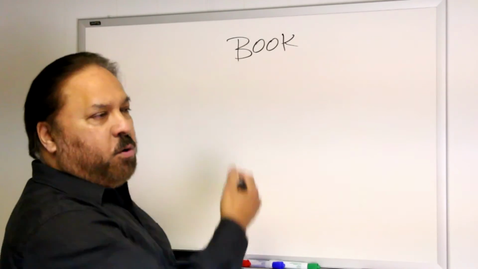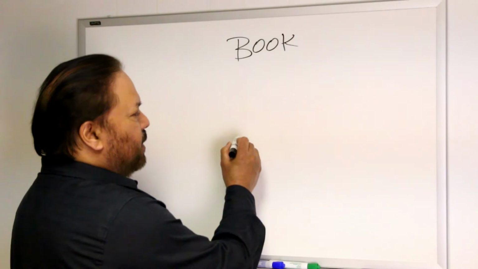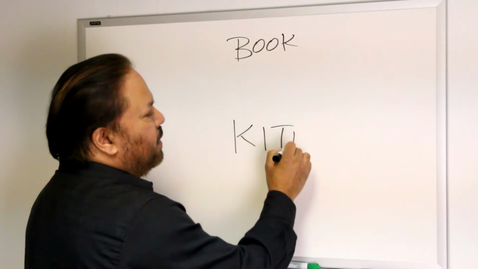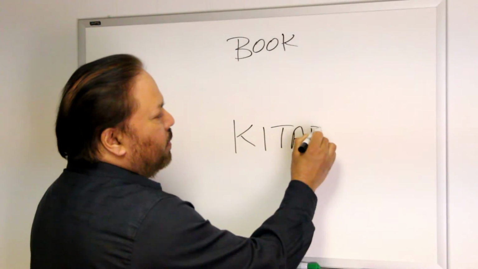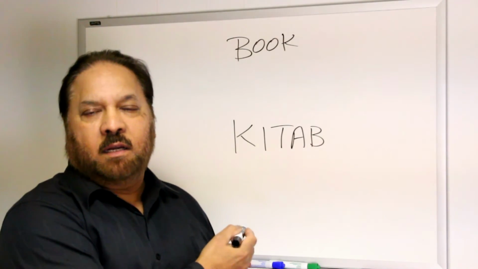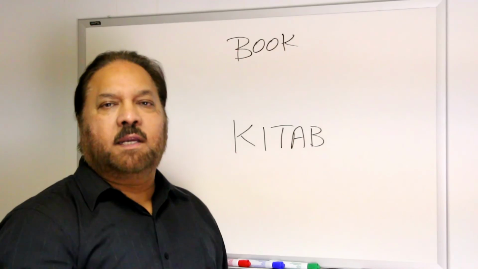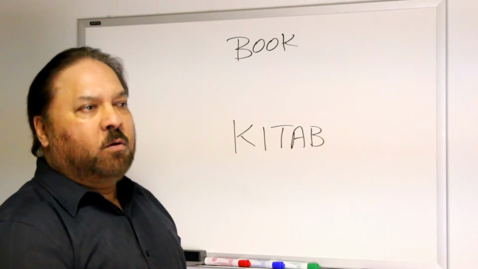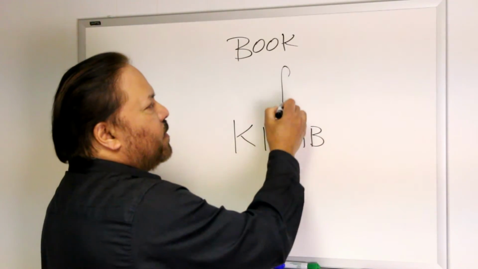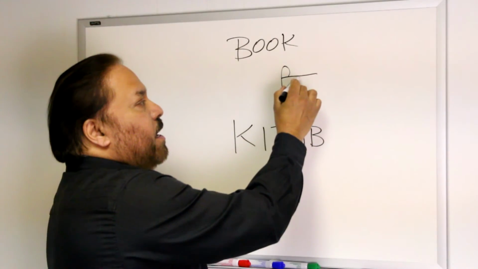So this book is called Kitab. We will write it in English something like this: K-I-T-A-B. But many people will pronounce it Kitab, Kitab. But in Punjabi, I'm telling you the word Kitab. So Kitab, that means Sihari. And for K, we use Kaka.